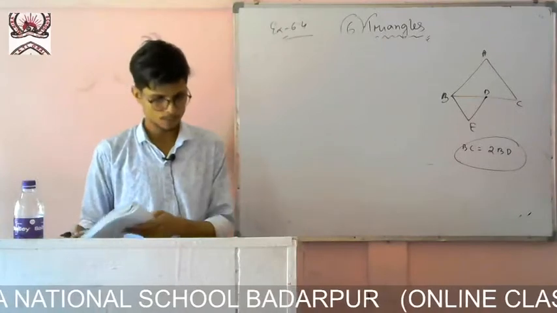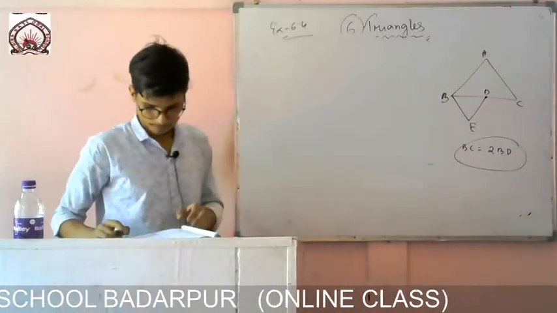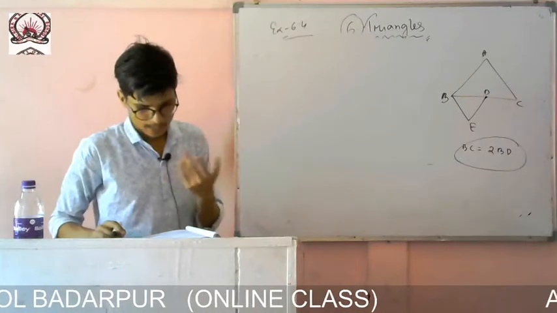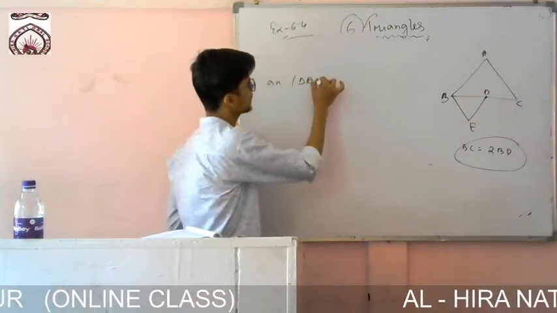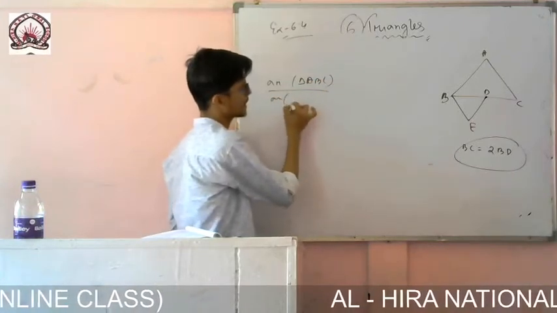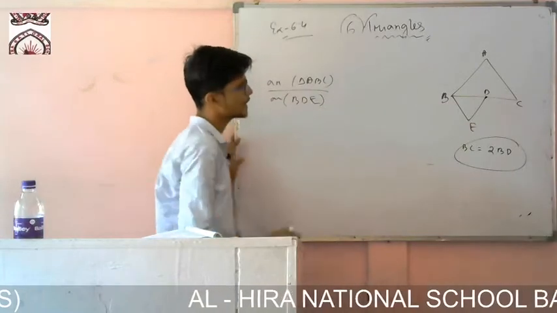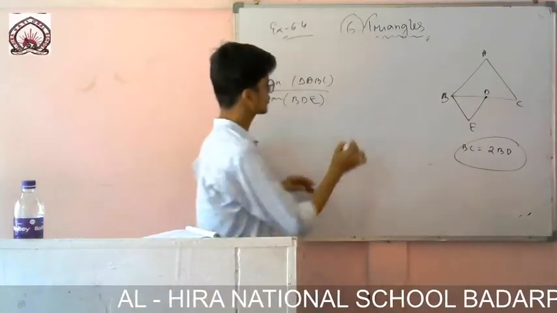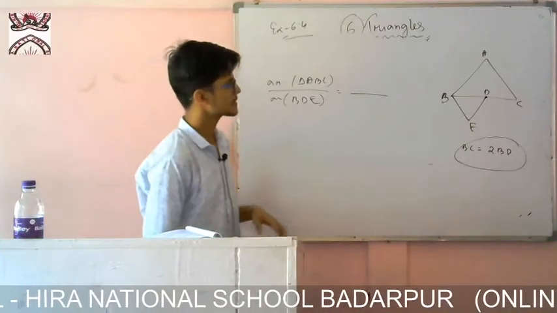If I use the formula, since the question is to find the ratio of the area, area of triangle ABC by area of triangle BDE will be equal to the square of the ratio of sides.